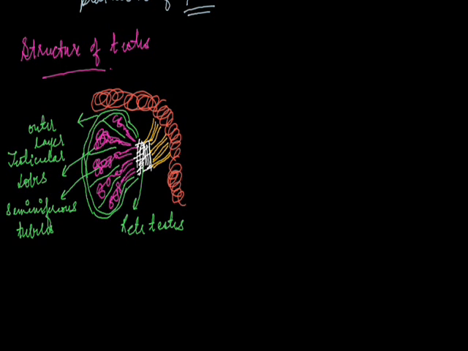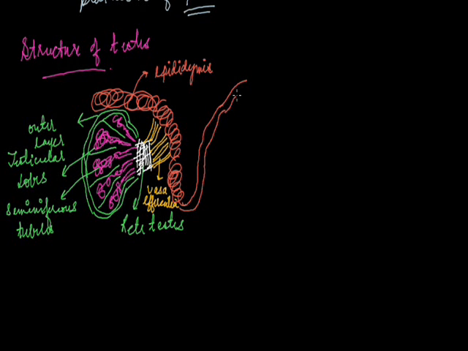So this yellow colored structure is the vasa efferentia, and this is the epididymis. This epididymis now continues into a long coiled tube, a long linear tube that is known as the vas deferens.